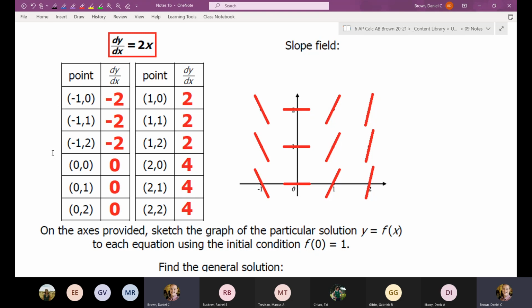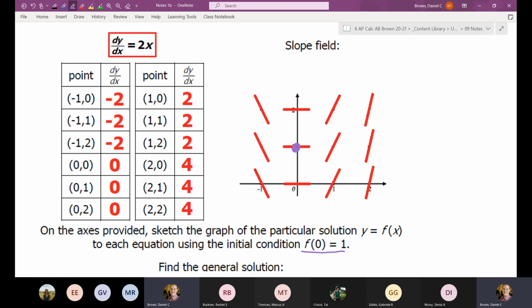What does that mean? We know when we see particular solution in this class, that's the original function. And we have the initial condition f of 0 is equal to 1. So I know that (0, 1) is a coordinate on this graph, so I know that point is there. And then think of this as the calculus version of connect the dots.